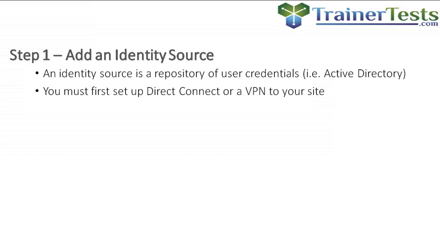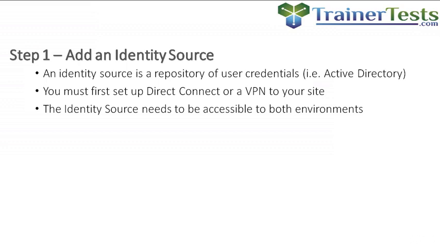Right? So if you need really reliable bandwidth and really reliable performance and you want a dedicated physical connection, that's what Direct Connect is. Or we can just do a VPN. And by establishing that VPN or that direct connection, the identity source is going to be accessible to both environments.